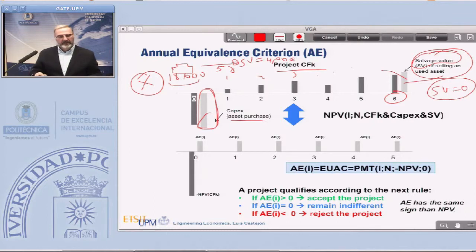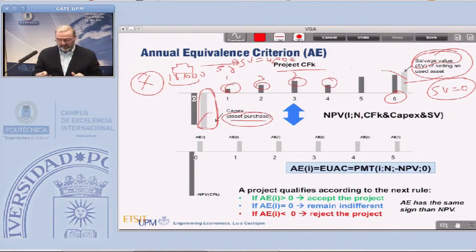Why is the salvage value important for us? Why do you think? Because in our project cash flows, we have to consider all the expected cash flows. One cash flow is buying the asset, the purchasing of the asset, and we use the minus sign to represent it. We are also considering future cash flows of the project.